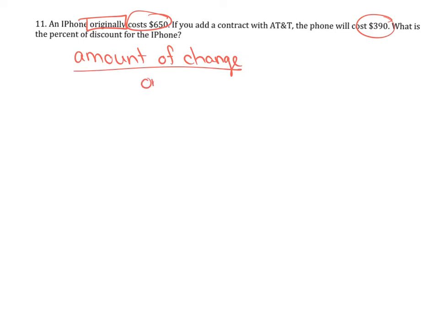over the original price. And I'm seeing some of you use this formula when it's not a percent of change question. They're not asking for the percent of the discount or the percent of increase or percent of decrease. So first we have to find the 650 minus the 390, and then the original cost was 650.